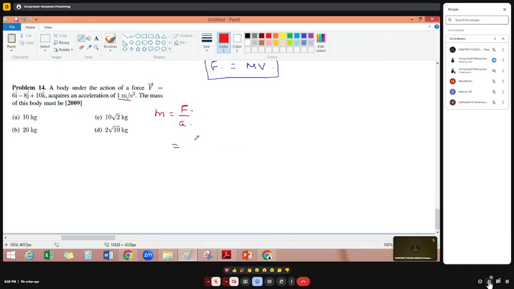So magnitude will be root of 6 square plus minus 8 square plus 10 square. That's all. You know that this is a triplet. So 36 plus 64 is 100, 100 plus 100 is 200. So that means root of 200. 200 means root 2 into 10, 10 root 2 kg. Okay, very, very simple problem, nothing very difficult there.